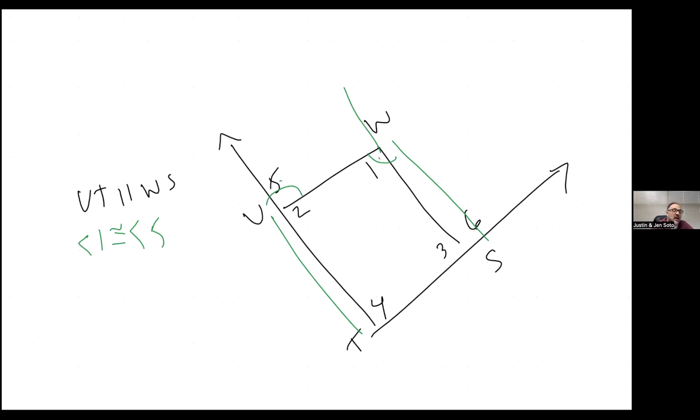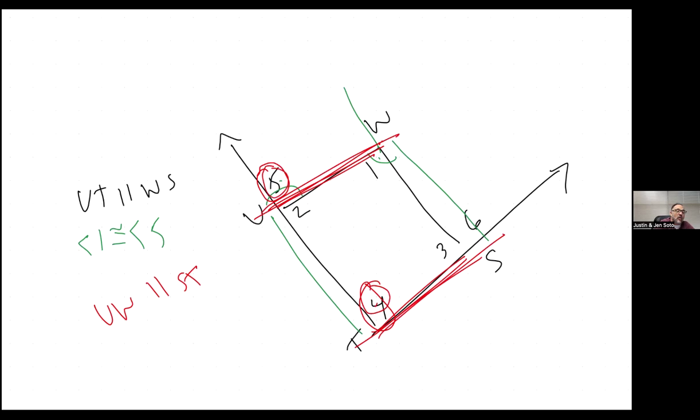Okay, let me switch colors to red. For number 12, it says UW is parallel to ST. They want us to prove that 4 and 5 are congruent. Okay, so these are the two parallel lines here. These are the corresponding angles. 4 corresponds to 5.